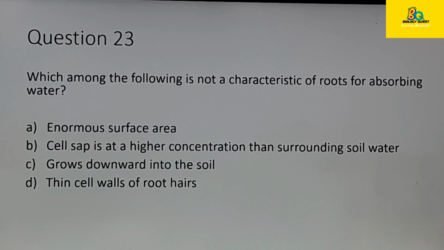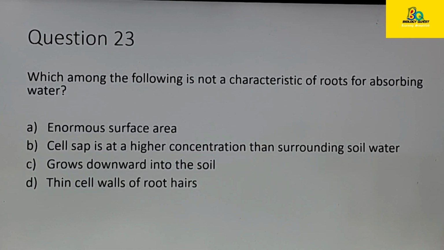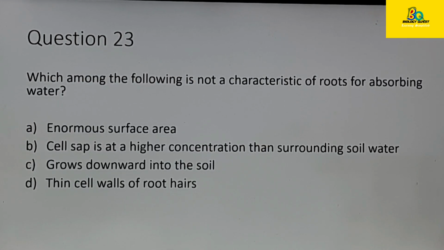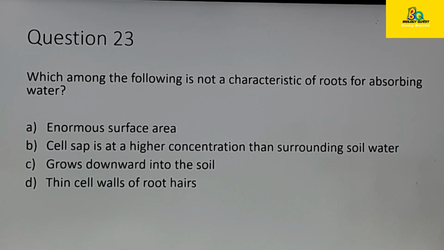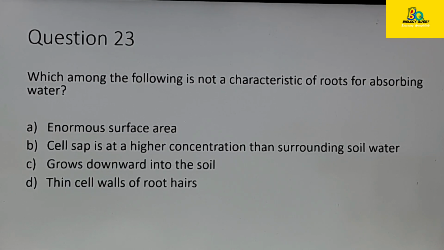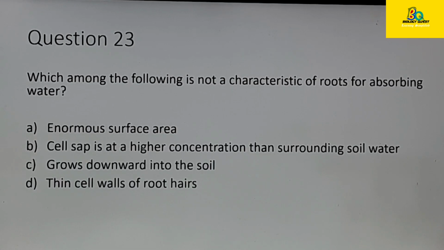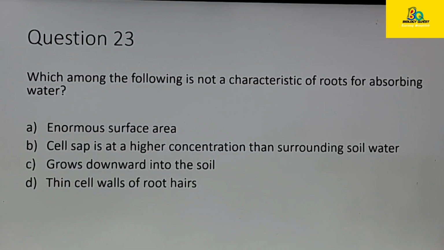Next question, which among the following is not a characteristic of roots for absorbing water? Options are A, enormous surface area, B, cell sap is at a higher concentration than surrounding soil water, C, grows downward into the soil, D, thin cell walls of root hairs.